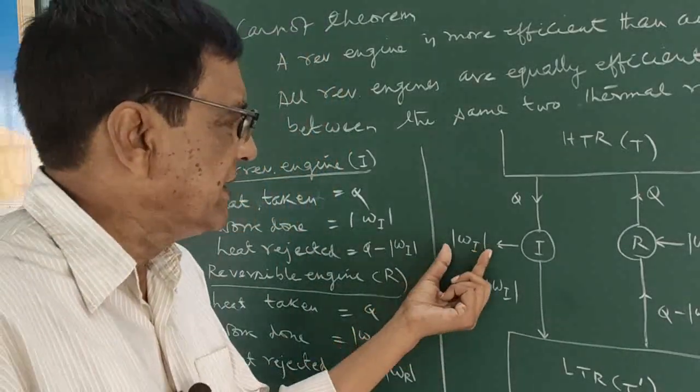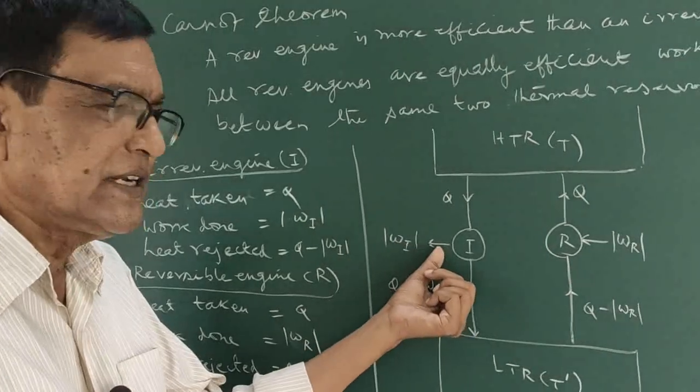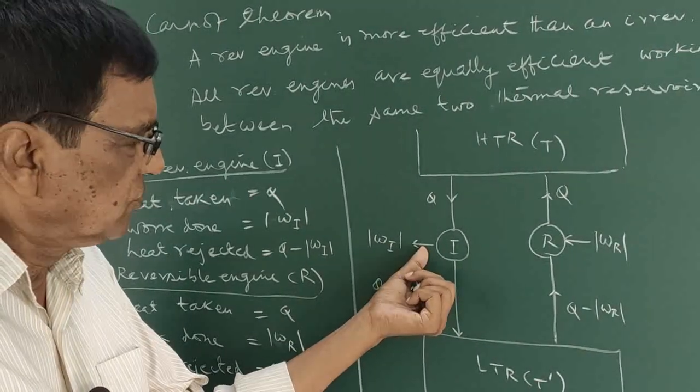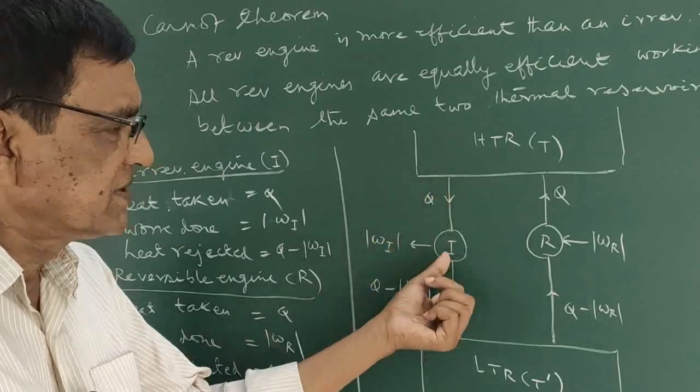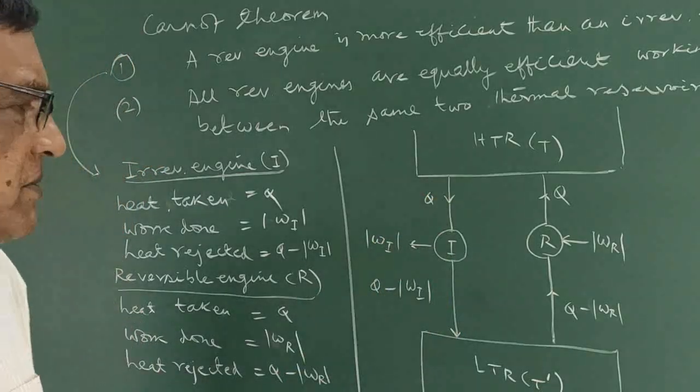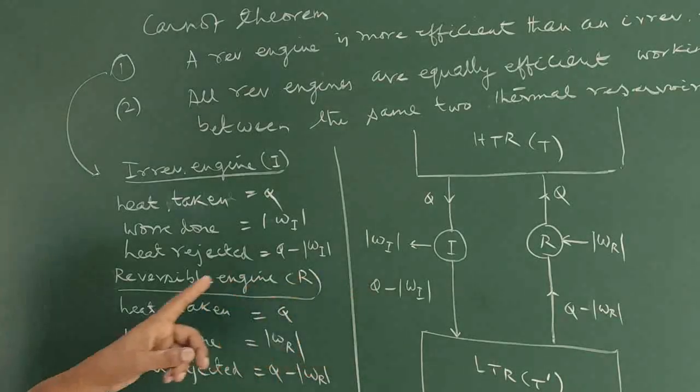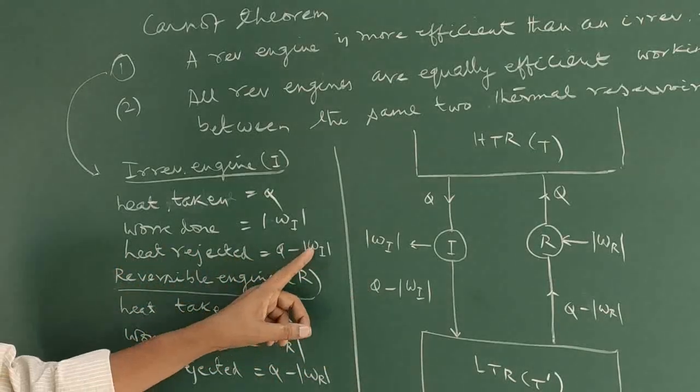So the direction states that this amount of work is done by this irreversible engine, and the heat rejected is Q minus Wi.